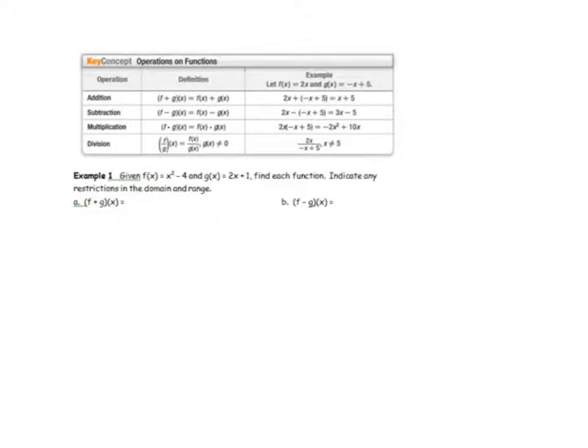So you can see here in example 1 that if we wanted to add f and g together, f is x squared minus 4, and g is 2x plus 1, and so we're just going to add those together by combining like terms, and we're going to end up with something that looks like that. Same thing for the subtraction of two functions.